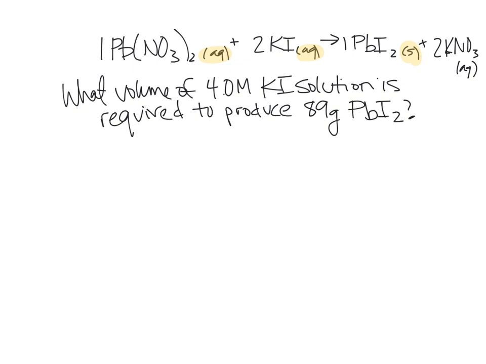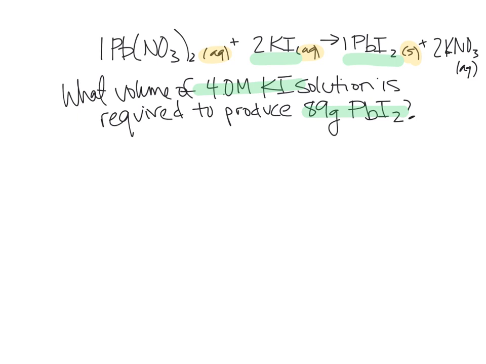In this question, it says, what volume of 4 molar potassium iodide is required to produce 89 grams of lead iodide? When we did stoichiometry before, it gave us masses. It would say, we had this many grams of potassium iodide, how many grams of solid can we make? This one's a little bit different because the solid is suspended in this solution.